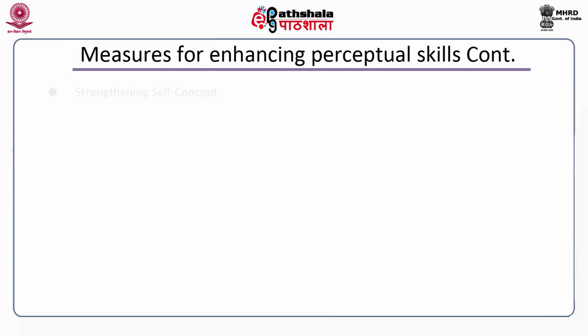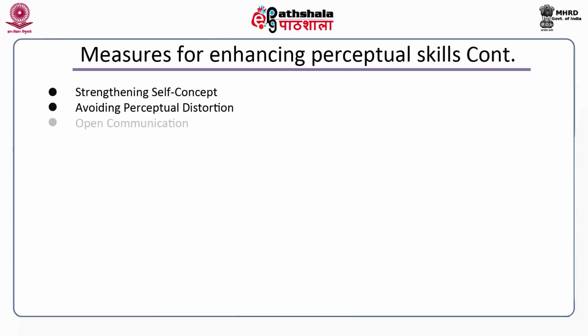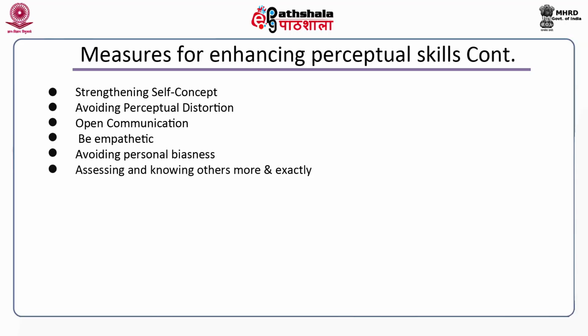Number 1, strengthening self-concept. Number 2, avoiding perceptual distortions. Number 3, open communication. Number 4, be empathetic. Number 5, avoiding personal biases. Number 6, assessing and knowing others more exactly.